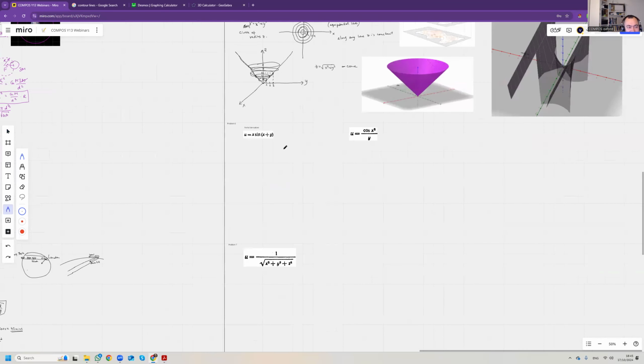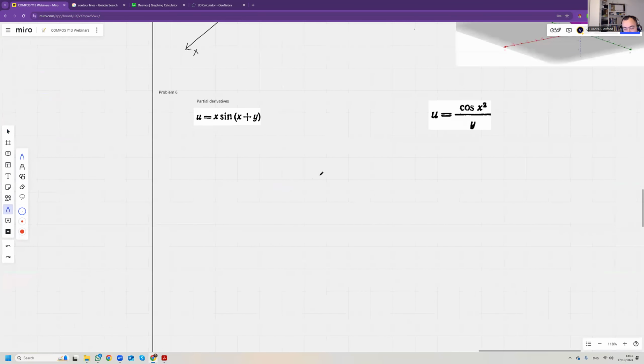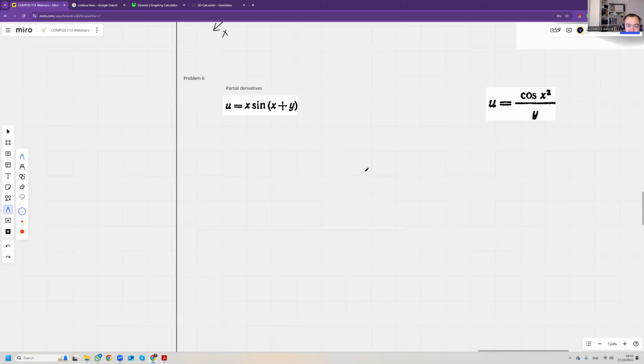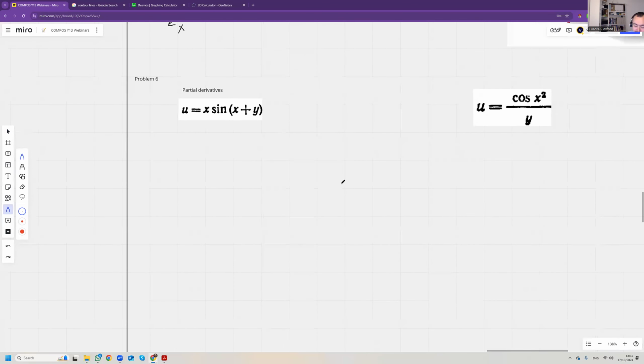Okay. Finally, we move on to the partial derivatives. Partial derivatives is when you find a derivative with respect to something, assuming everything else is constant. So for example, you want to find du dx, or you can find du dy. That's the partial derivatives of the first order.